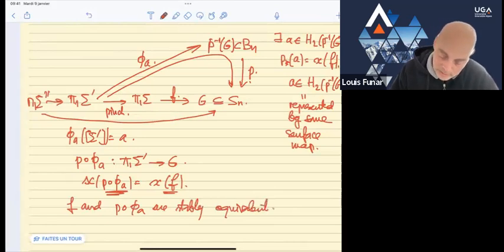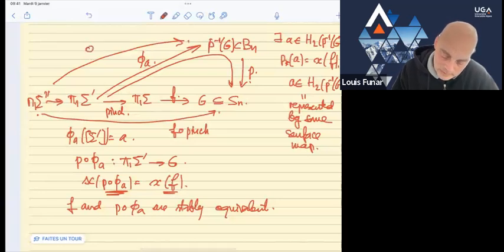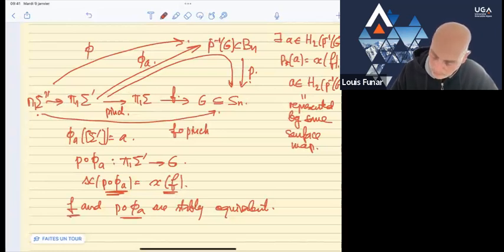But in particular, the map you get here, so it's F composed with pinches from here to here, actually it can be lifted. It's just because F and P composed with phi are stably equivalent.